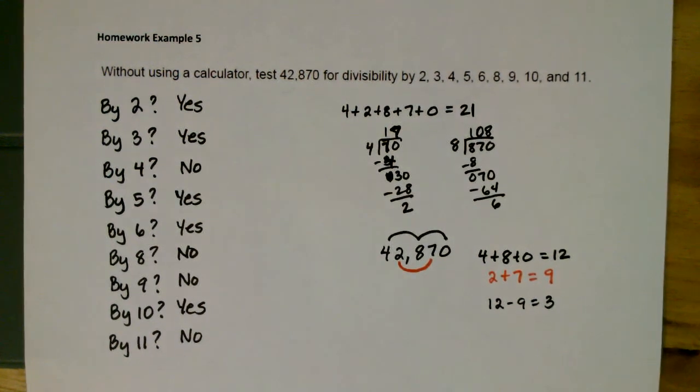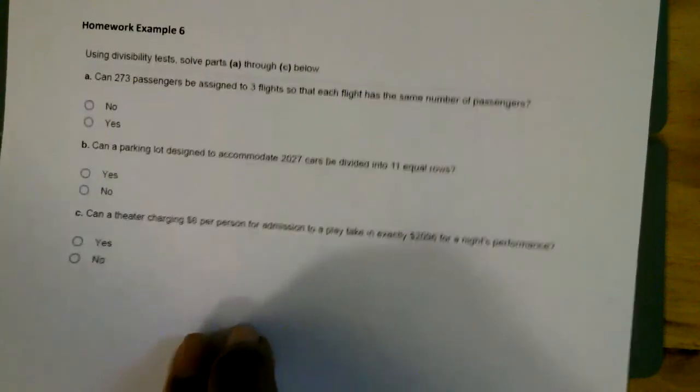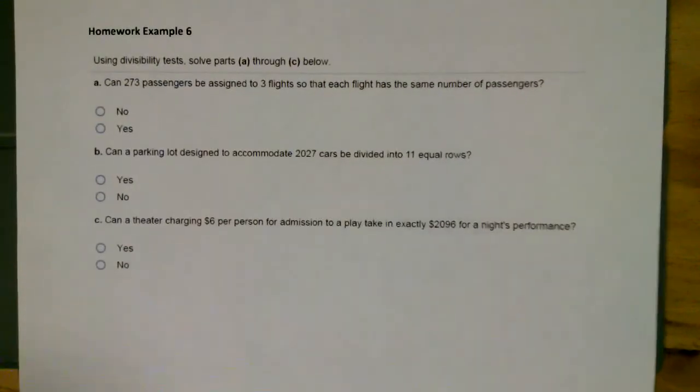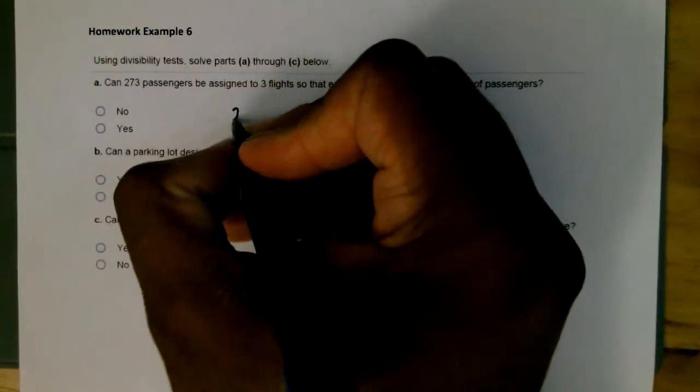Okay. And here's the last homework example. Using divisibility tests, you want to solve parts A through C below. In part A, can 273 passengers be assigned to 3 flights so that each flight has the same number of passengers? Well, for 273 to be divisible by 3, the sum of the digits in 273 must be divisible by 3.